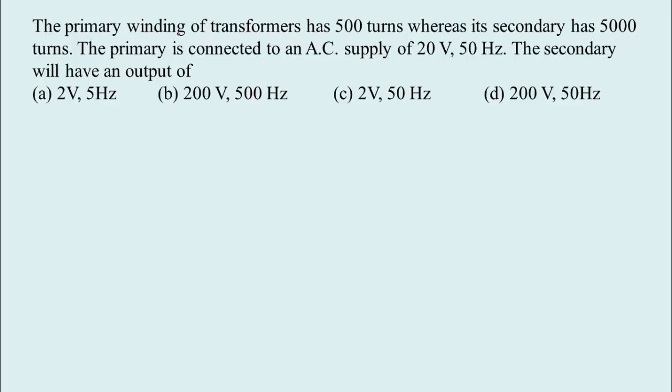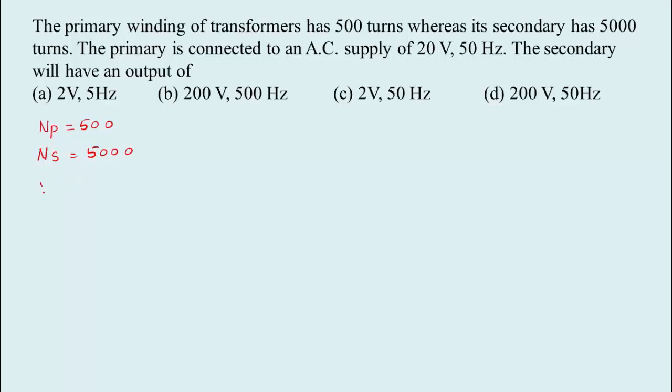See here, the primary winding of the transformer is given 500 turns, that is the number of turns in primary coil. Let us write it as NP. Number of turns in primary is 500 turns. Number of turns in secondary is 5000 turns. The primary is connected to an AC supply, that is 20 volt and 50 Hz.